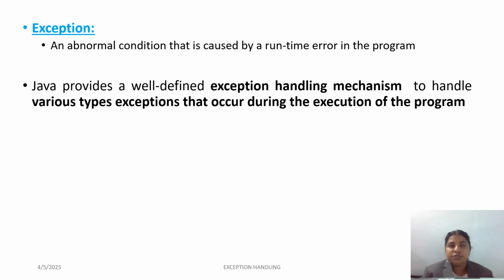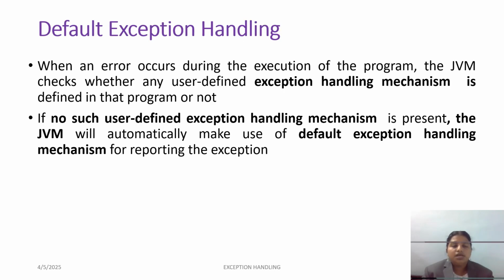Moving to an exception, it is an abnormal condition which is caused by a runtime error in the program. Java provides a well-defined exception handling mechanism to handle various types of exceptions that occur during the execution of the program. Let us now discuss default exception handling.